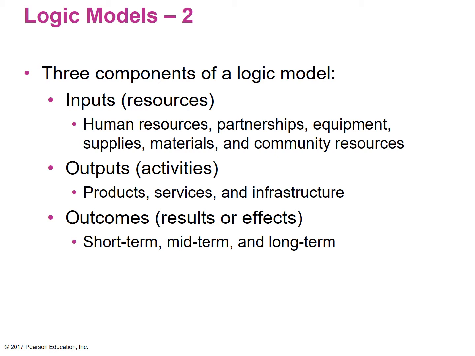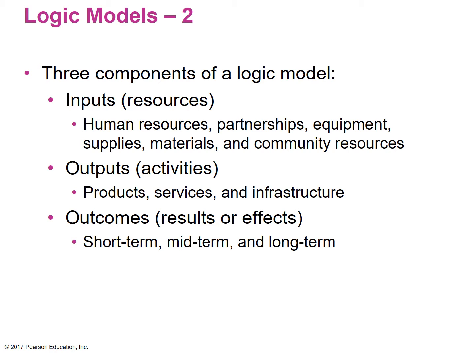So we'll start here with our outcomes. Results or effects: short term, midterm, long term. These are just rule of thumb segments, and we'll stick with this particular format for this lecture. But what short-term, midterm, long-term refers to are actually the by-when components of your objective statements.